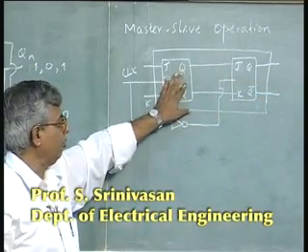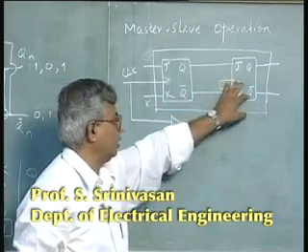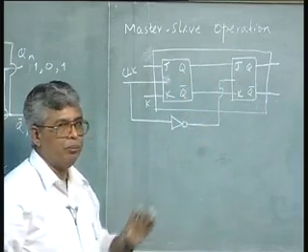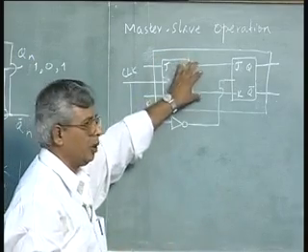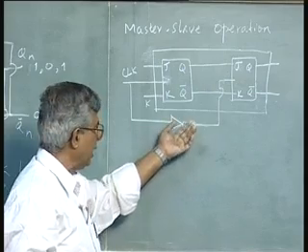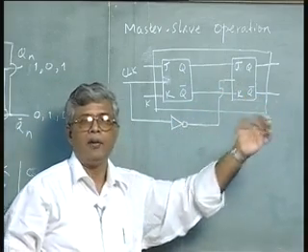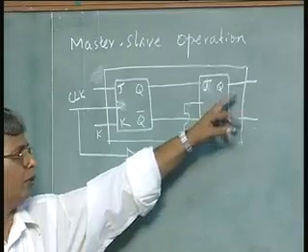When this is effective, this is not effective, and when this is effective, this is not effective. So, I am practically taking 2 steps. Any change in the input will change the output as long as this clock is high. At that time, this flip flop will not have any change in the output because the clock is low here. When the clock is low, the flip flop output does not change.